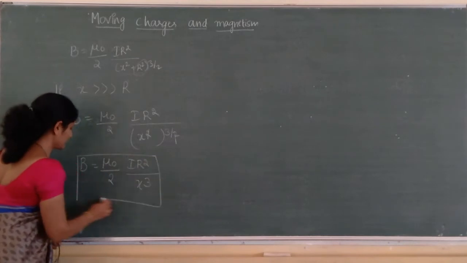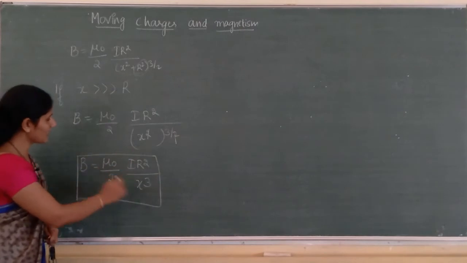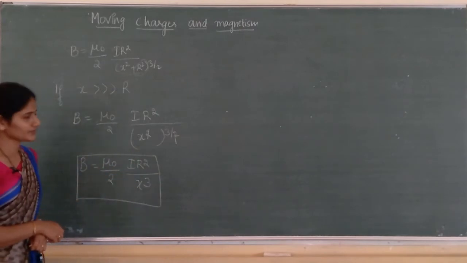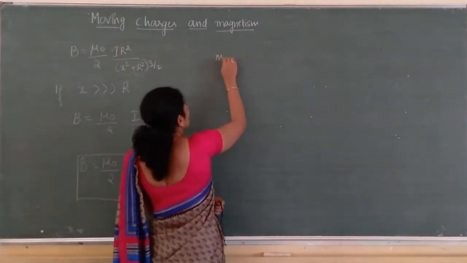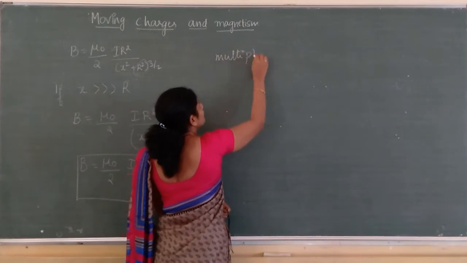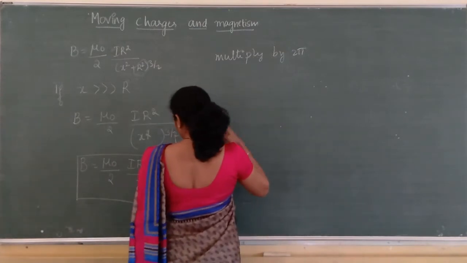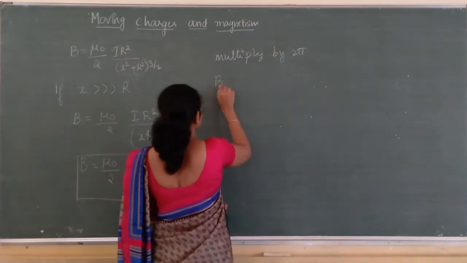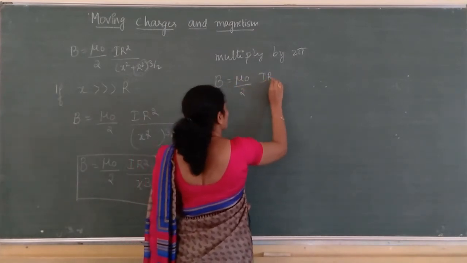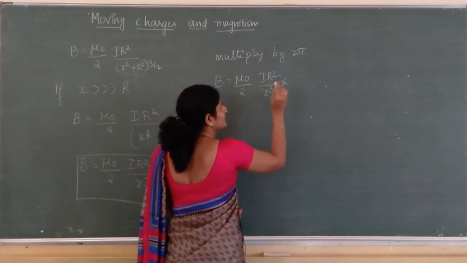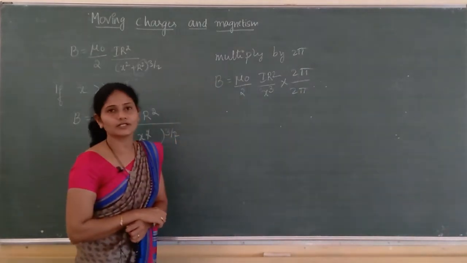From this expression let us multiply both numerator and denominator by 2 pi. So, B is equal to mu naught by 2 I r square divided by x cube into 2 pi divided by 2 pi, multiplying and dividing by 2 pi.